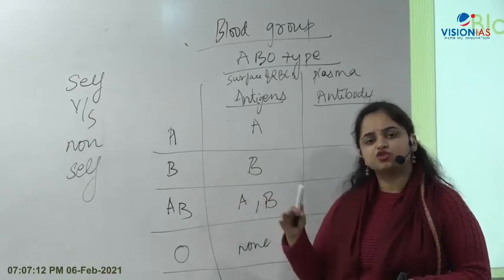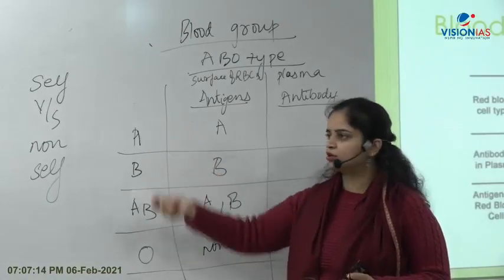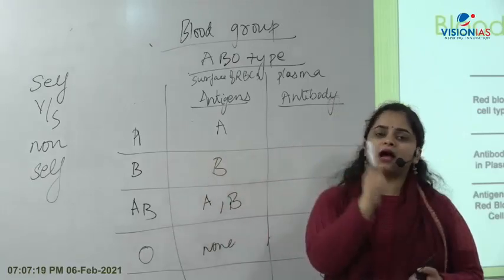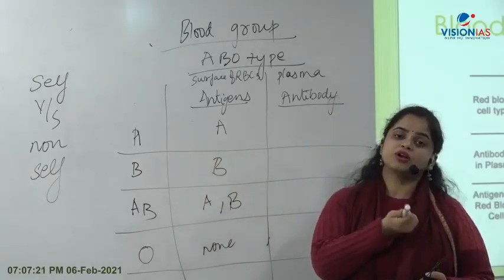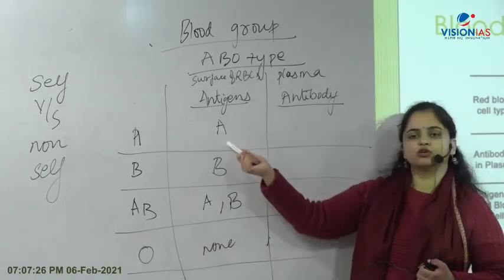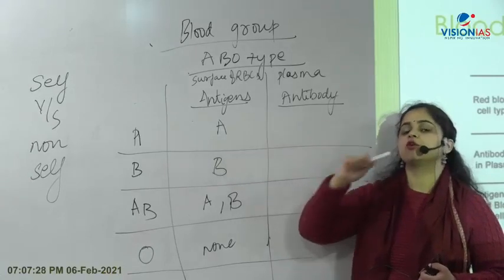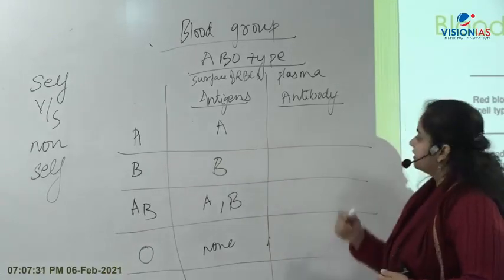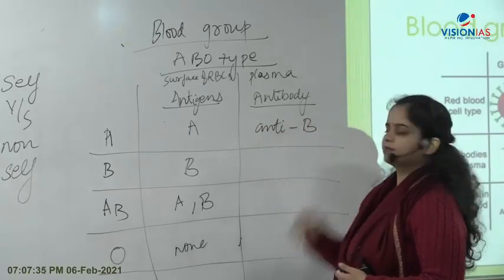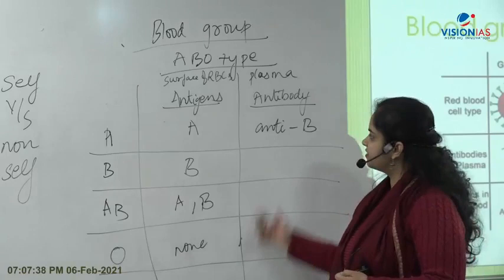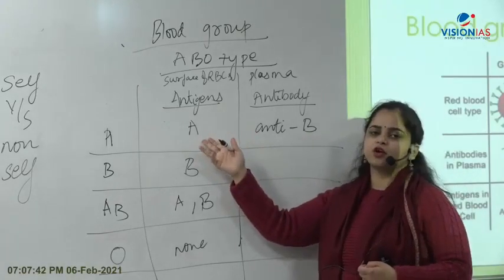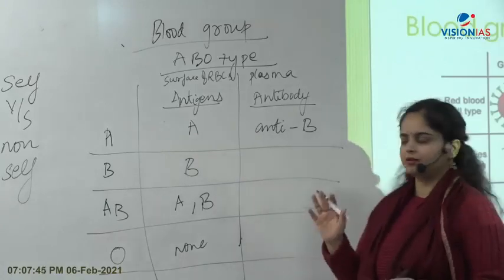Because then it will destroy its own cells. This is how the protection of self and non-self works. It does not have the capacity to produce antibodies against its own antigen. So A blood group has antigen A, that means it cannot produce antibody A, but it can produce antibody B. Whenever it gets a chance, antibody B can be produced. Antibody A will not be produced because then the whole blood will be destroyed.